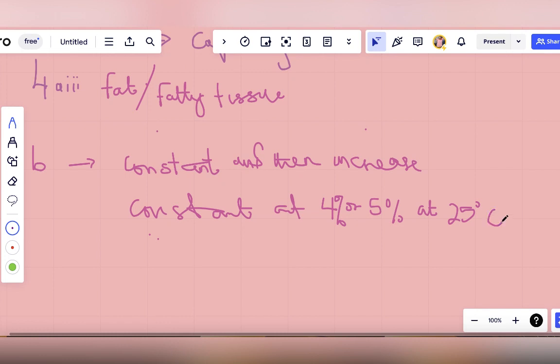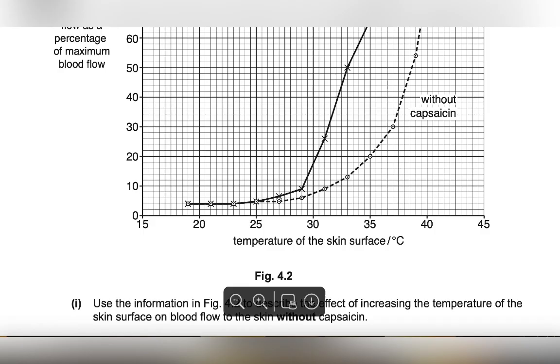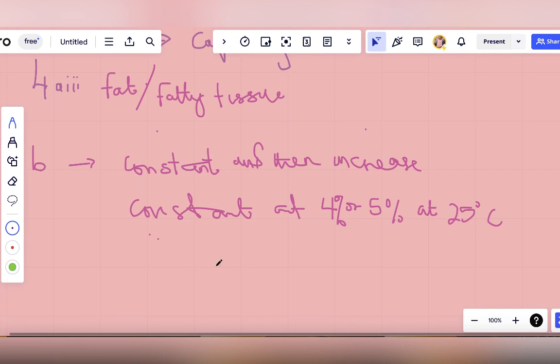Then we now mention what is happening. The blood flow starts to increase at 25 degrees Celsius, right? Beyond 25 degrees Celsius, when the temperature was increased, the blood flow started to increase gradually, exponentially.